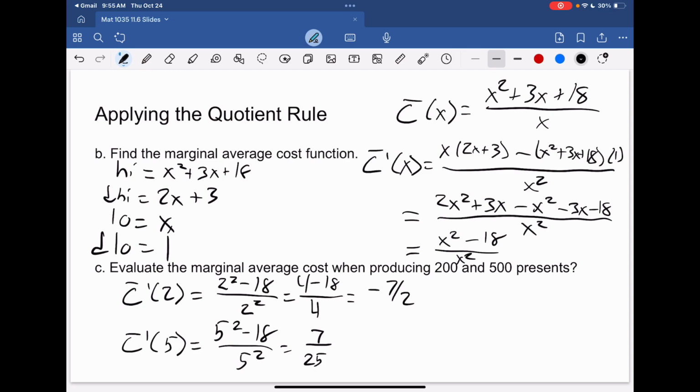So the average cost increased, while at 200 presents, the average cost decreased. So maybe I could use that to find the minimum cost for me, or maybe a maximum profit. That is the application for the quotient rule.